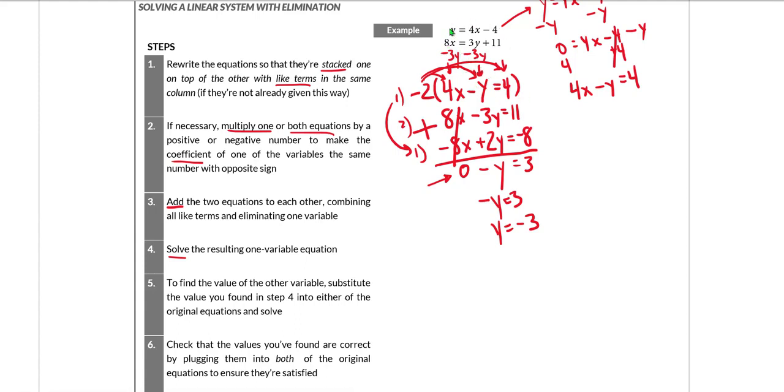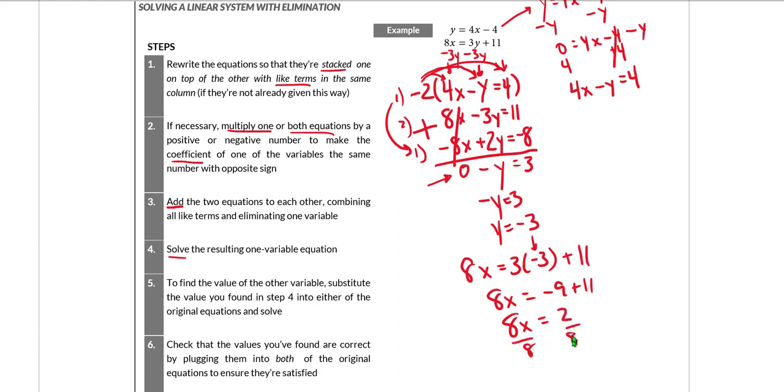I'm going to throw the -3 into equation 2. So we're going to do 8x equals 3 times -3. That -3 value is just going in for y, plus 11. So this is going to be 8x equals -9 plus 11. That is 8x equals 2. We divide by 8, and we get that x equals 1/4.